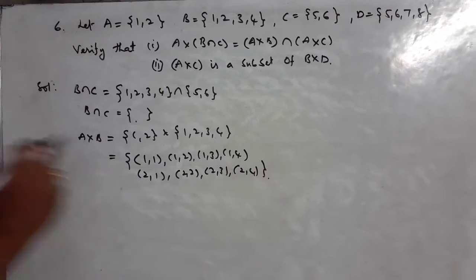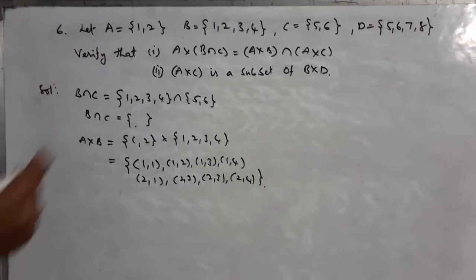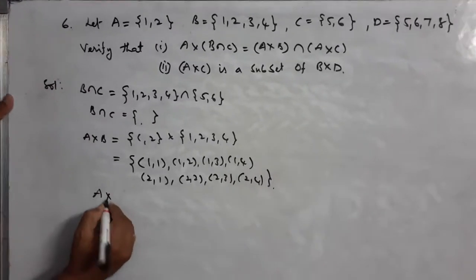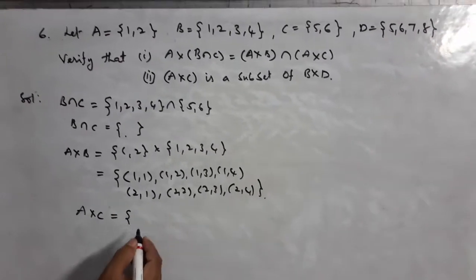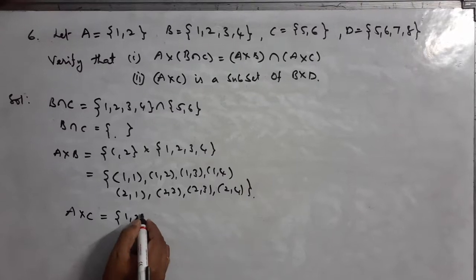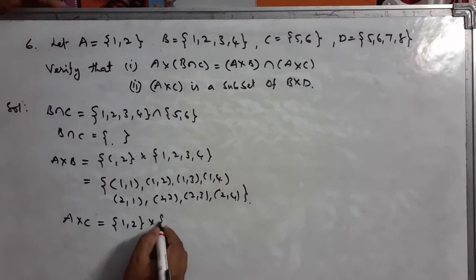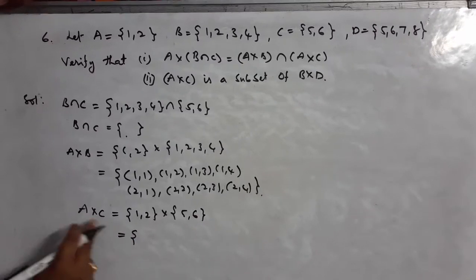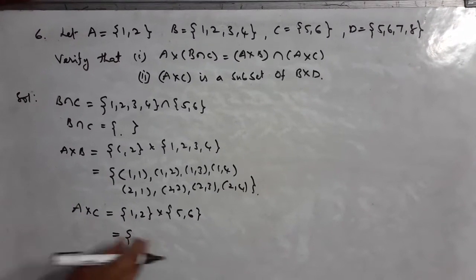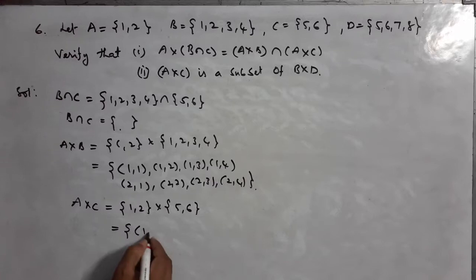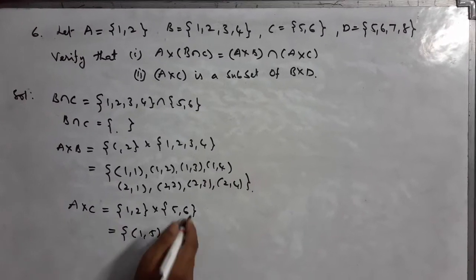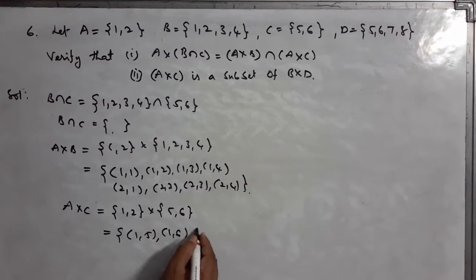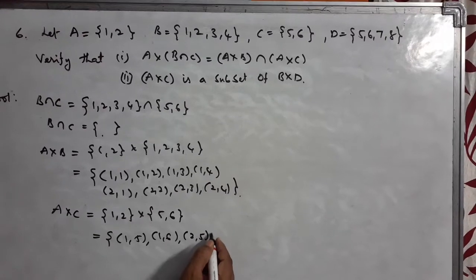So this is A cross B. Next, A cross C. A is 1 comma 2 and C is 5 comma 6. A cross C means all possible ordered pairs: 1 comma 5, 1 comma 6, 2 comma 5 and 2 comma 6.